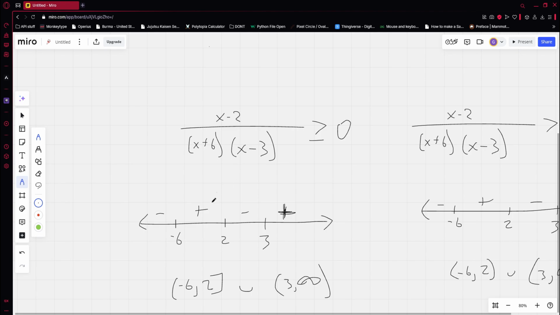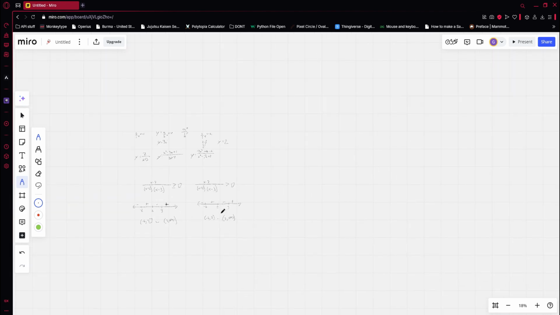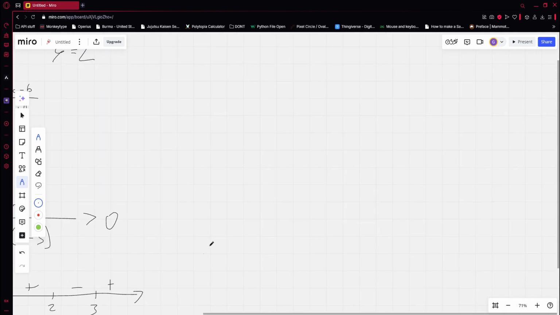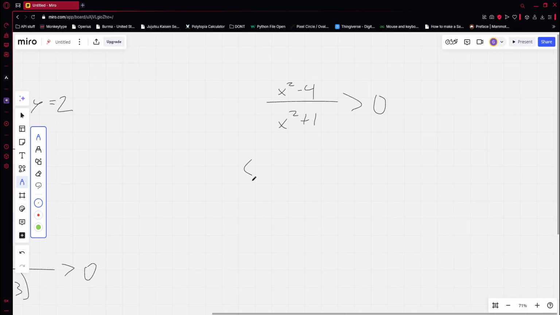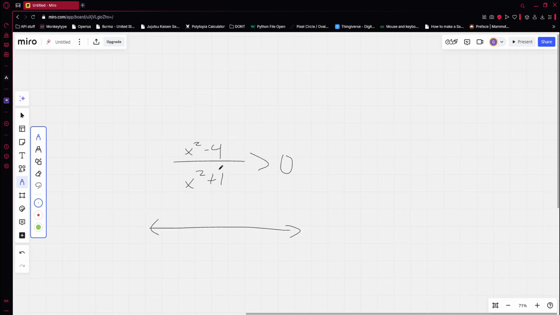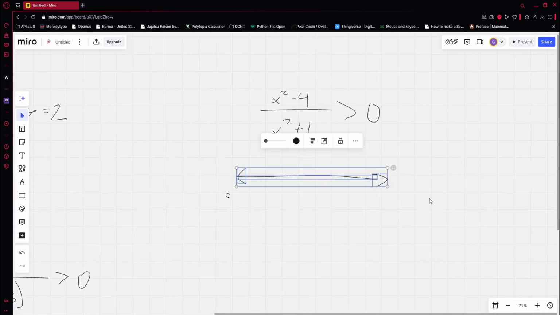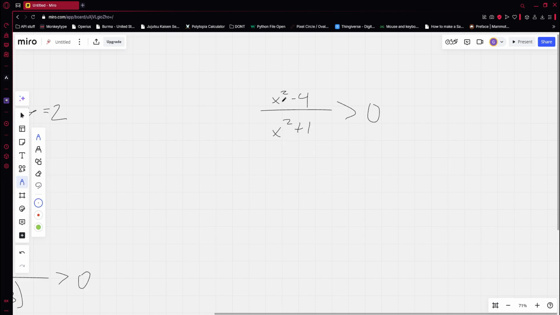Right, factoring. Factoring is interesting. So we have, let's say, x squared minus 4 over x squared plus 1 greater than 0. Throw a sign chart, right? Oh wait, we need to factor it, sorry. So we're going to factor this. x squared minus 4, well, difference of squares.